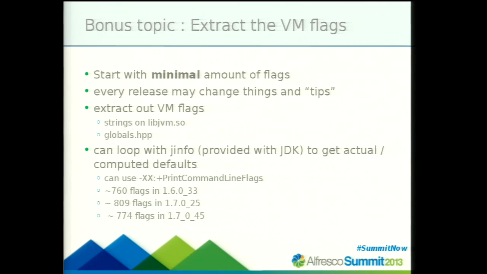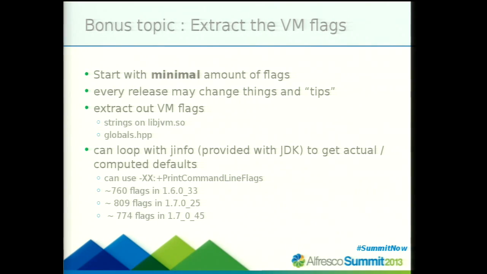We have a couple of minutes left, so I'm going to just do a bonus slide, and then we'll move into question and answers. There is a thing that is quite useful: sometimes the support people or we go on site and we see customers or partners with a giant amount of options for the JVM. And that's probably 99% of the time completely useless.